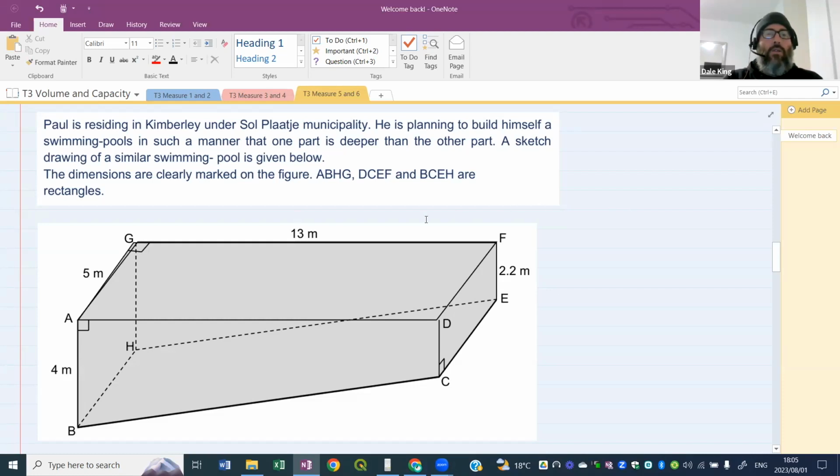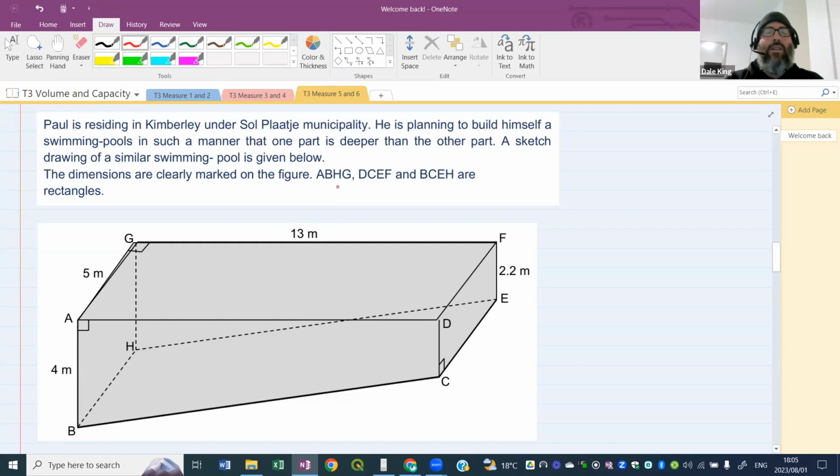Okay, so we've got A, B, H, G. If there's 4 letters, this is a core maths kind of thing, using letters to name shapes. You don't often see this in math literacy. ABHG has 4 letters, so that must be a quad. A, B, H, G. There it is, that quad on the side.